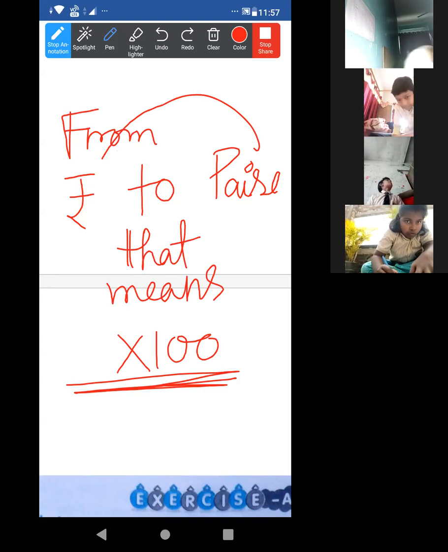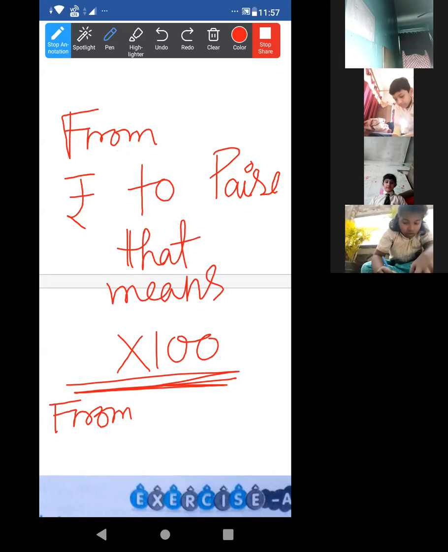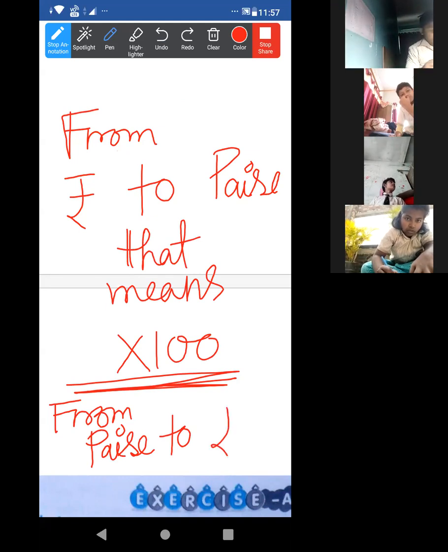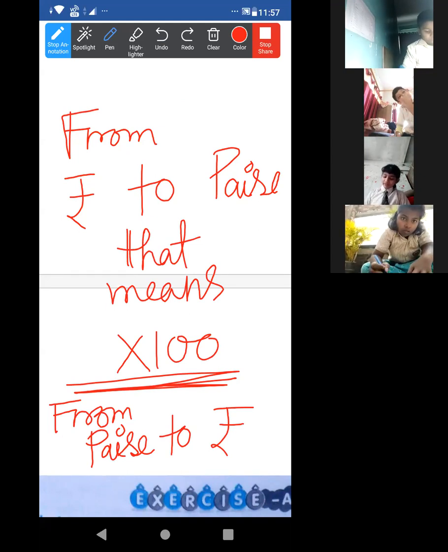Look, now write this one. From paise to rupees, you can write Rs, or you can just put this sign.